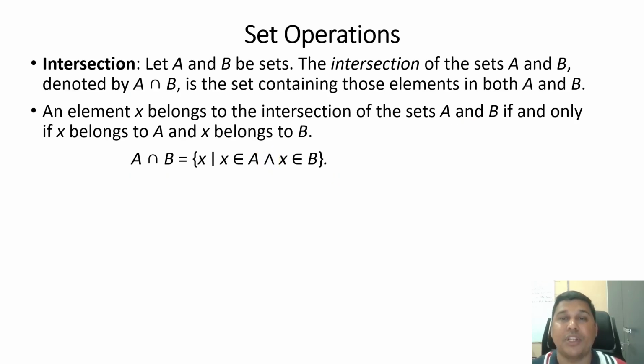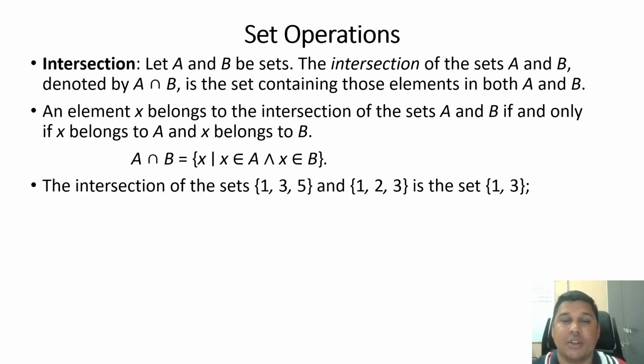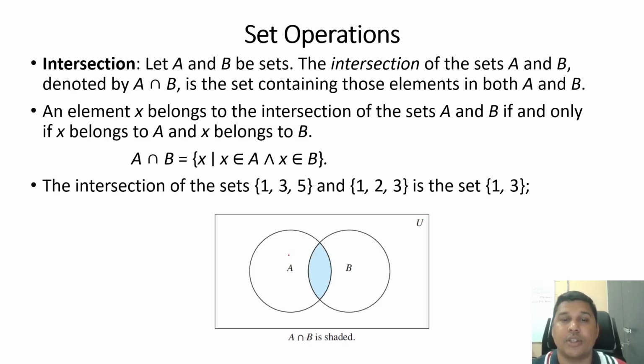Same example: set A is {1, 3, 5}, set B is {1, 2, 3}, common elements are 1 and 3. Therefore, it is {1, 3}. This is the diagrammatical representation of A intersection B. The shaded part here is our A intersection B.